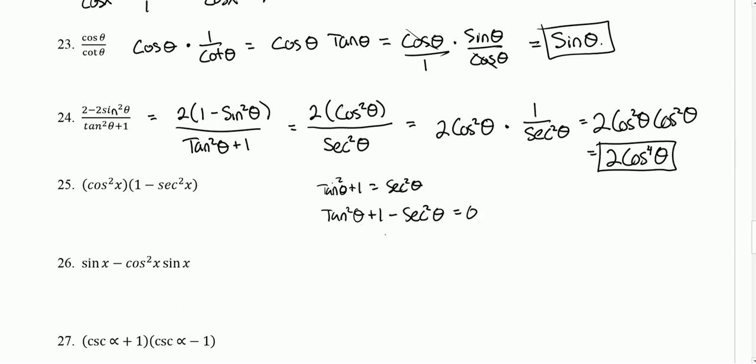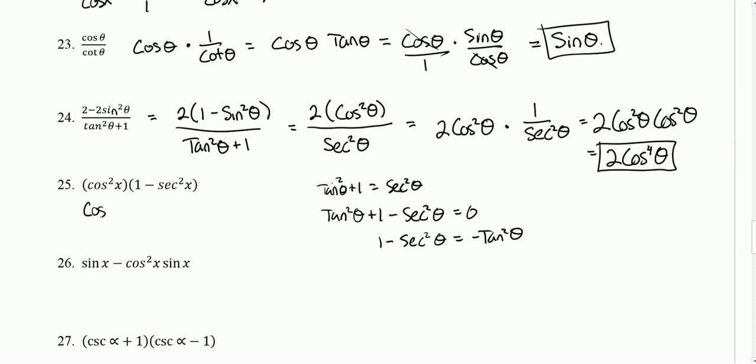And then subtract tangent squared, I get 1 minus secant squared theta is equal to negative tangent squared theta. So I'm starting with one of the trig identities and just changing the way it looks so that it matches what we have in our form here. So I'm going to replace the 1 minus secant squared theta with negative tangent squared theta.